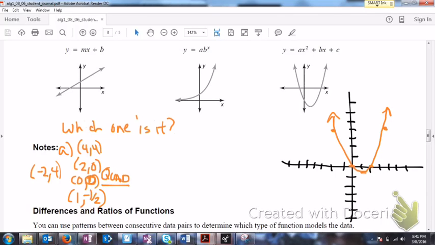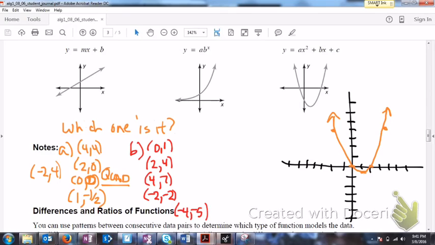Alright, let's look at another one here. Here we go, part B. Part B, we got the points (0, 1), (2, 4), (4, 7), (-2, -2), and (-4, -5).